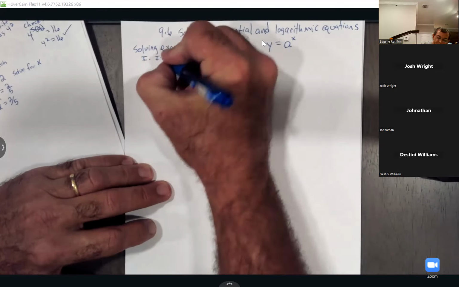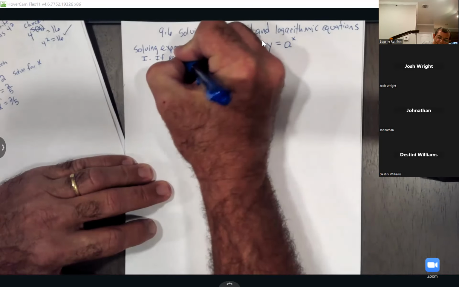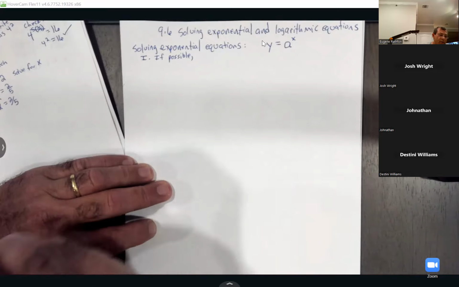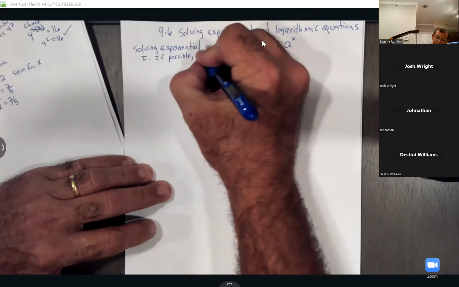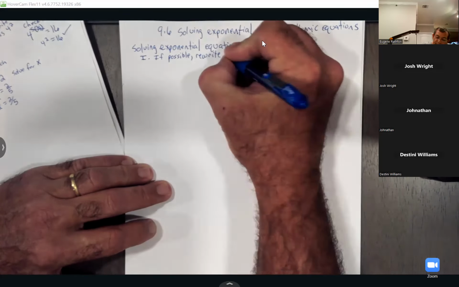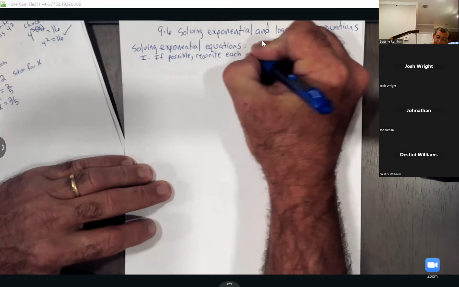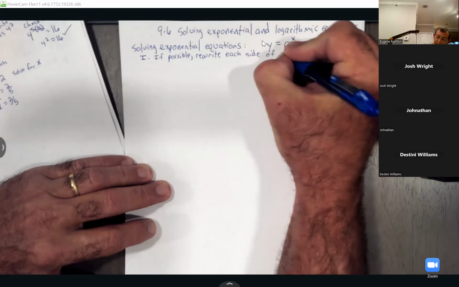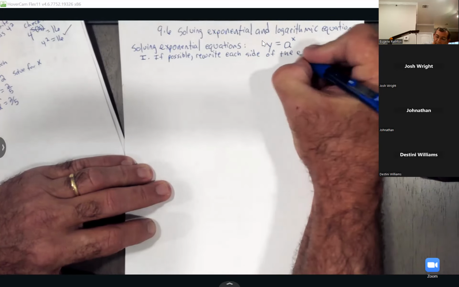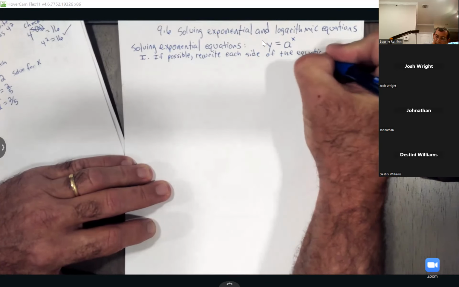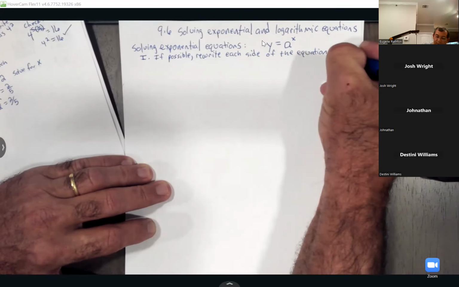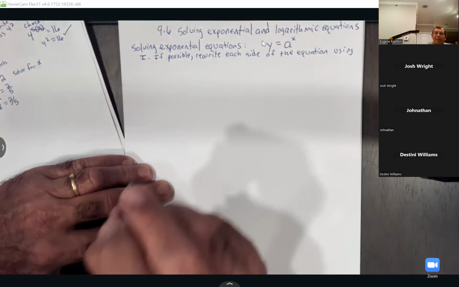So if possible, rewrite each side of the equation using the same base.